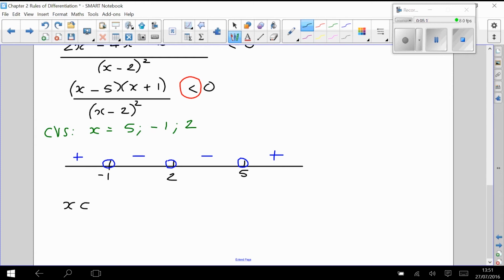So the domain that I was allowed to use for a decreasing gradient for my function started when x was minus 1, went all the way up to when x was 2, but excluded 2, and then started again when x was 2 all the way up to when x was 5, but excluding when x is 5. Let's go back to our drawing now and analyze our answer.